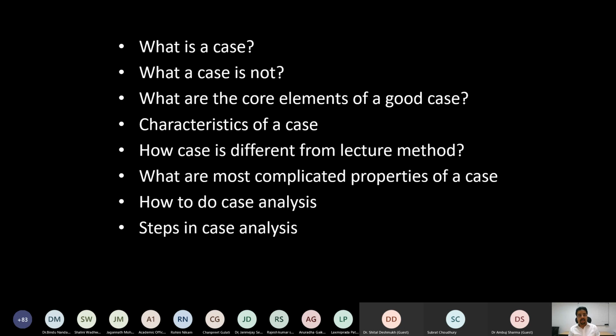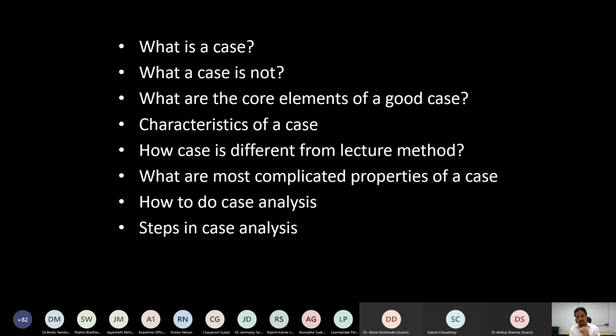Then the characteristics of a good case, what actually is a case, how cases are different from one another, and what they bring to the table as far as the learning and development of the student is concerned.